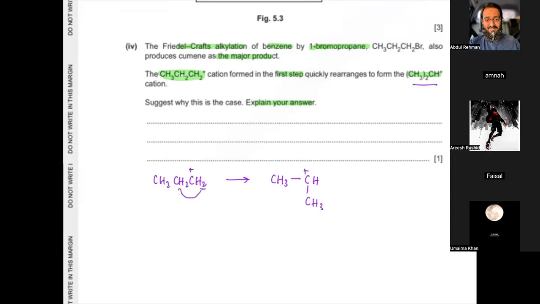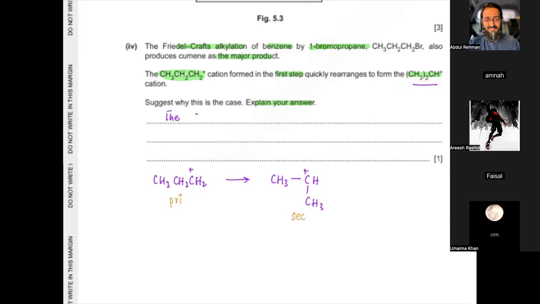One hydrogen from here shifts to the terminal carbon, making the center carbon positive. So if you see, this is a primary carbocation and this one is a secondary carbocation. So they are just asking why it rearranges into this one.